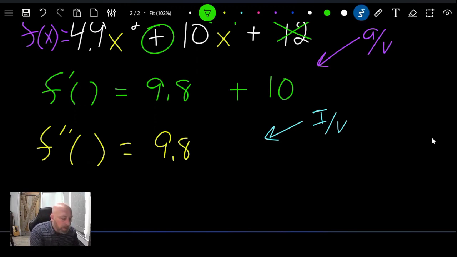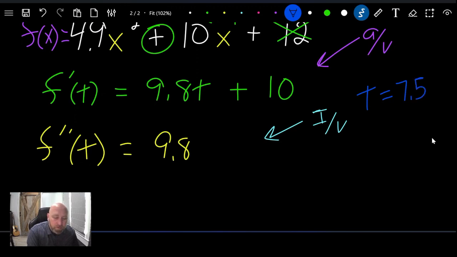So we have this to the t, and this to the t, and then this is just the function of t. All right, so everything's plugged back in. Now, here's all we need to do. Our problem gave us this. It said it wants you to find it for the time of 7.5. So we're going to plug into both of our equations right here. We're going to plug in.